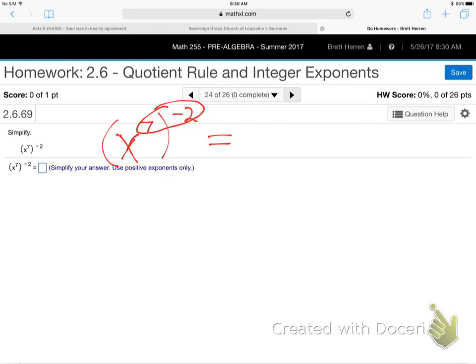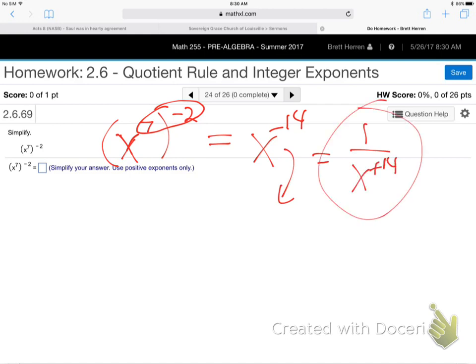Okay, so what do powers outside parentheses and inside parentheses do? Multiply. Good so far? Positive times negative is just negative. We know that. Now, negative powers, unhappy at his job. He's jumping. Power becomes positive. We're done. Is that good? This rule is all fitting together?